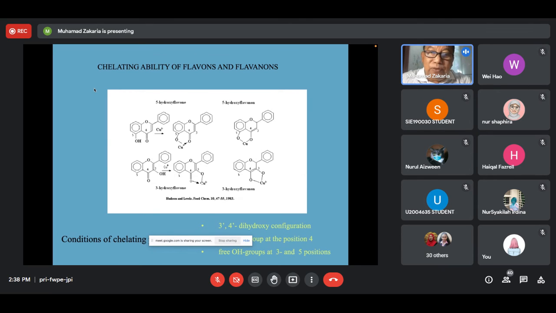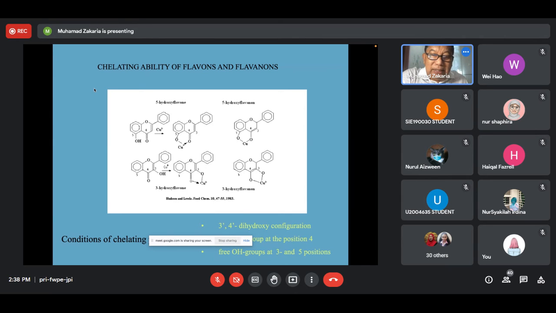Chelating ability of flavone and flavanone. The nearby two oxygen functional groups bind to copper, and this is important for getting rid of metal ions from the body.